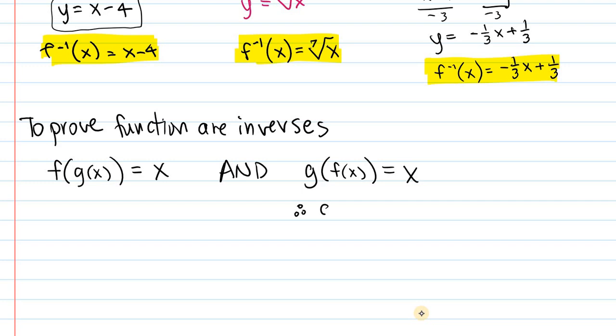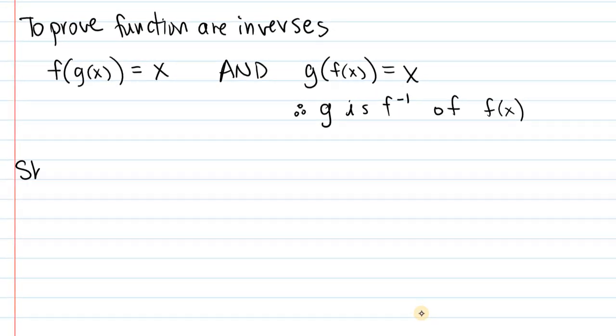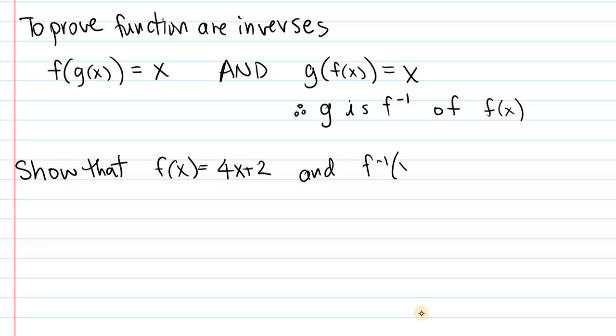And you could say g is the inverse of f of x. Cool. All right, so here are the directions. Show that f of x equals 4x plus 2 and the inverse of f of x equals 1/4 x minus 1/2 are inverses.